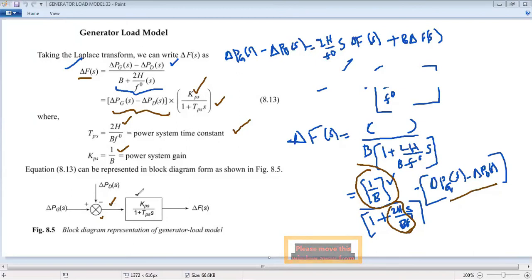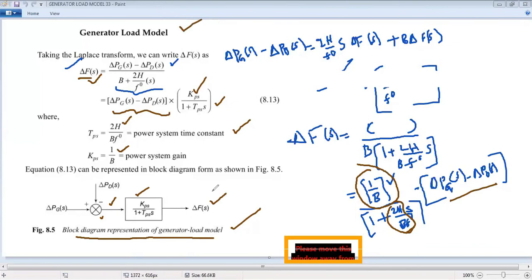This is given as an input to this block and multiplied by Kps by 1 plus Tps into s, and you will get delta f of s, which is nothing but the change in the frequency. So it is the block diagram representation of the generator load model. That is the entire thing with respect to the generator load model.